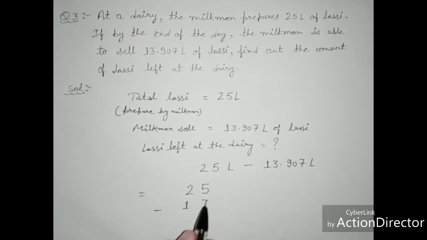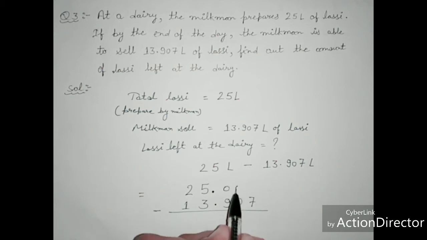So here 25 minus 13.907, and we all know that if the number has no decimal, the decimal is hidden at the end of the number, and this is an unlike decimal, so we put 3 zeros here.